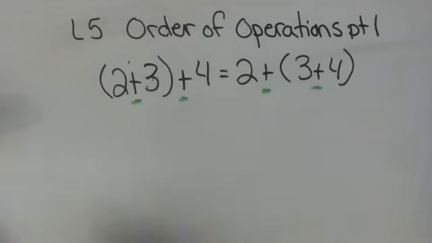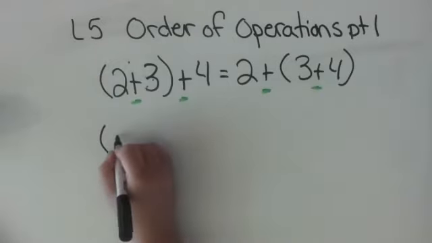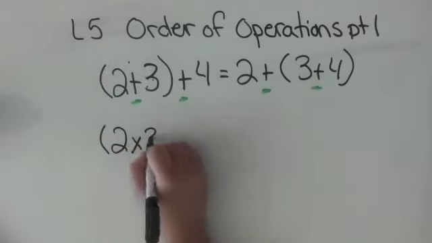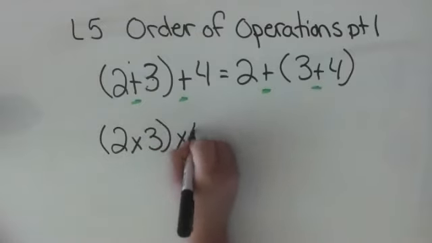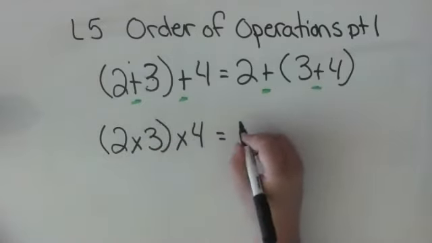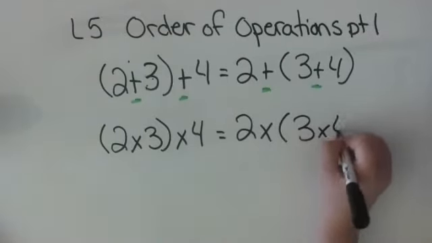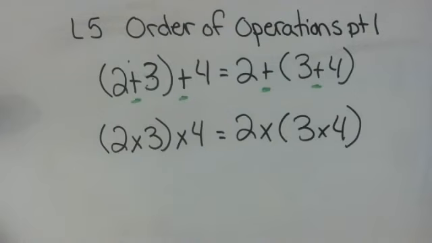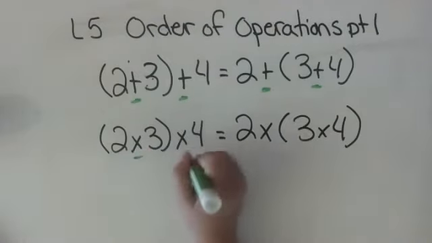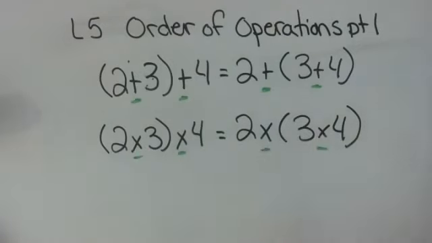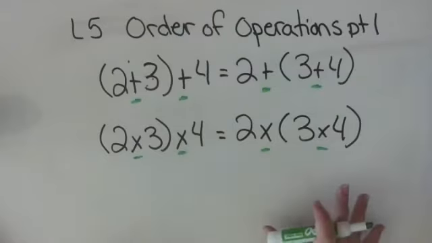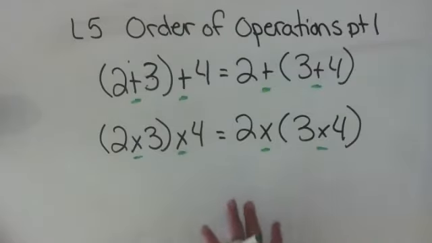Now this also works for multiplication. I can do 2 multiplied by 3, parentheses, multiplied by 4, is equal to 2 multiplied by parentheses, 3 multiplied by 4 parentheses. Because these are all multiplication and all the same numbers, the associative property still works.